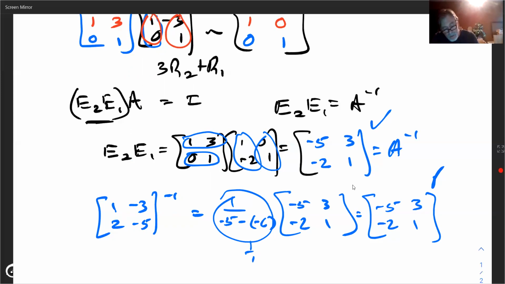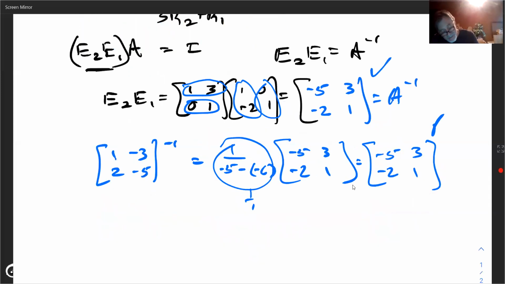Now that's pretty wild. Now here's the thing, I want to end with this idea. It's going to take a little bit more time, but what we have is that E2 times E1 is equal to A inverse. And you know what A inverse is? It's the same as E2 times E1 times identity, because if you multiply by identity, nothing changes.